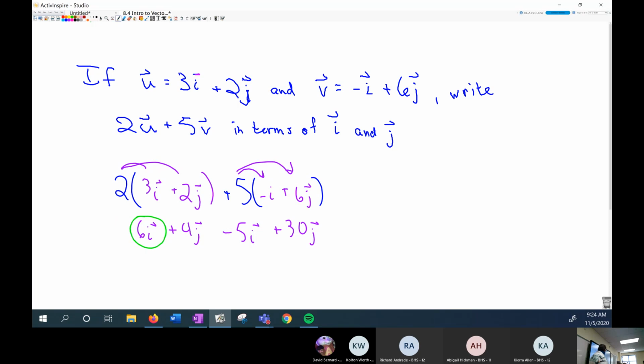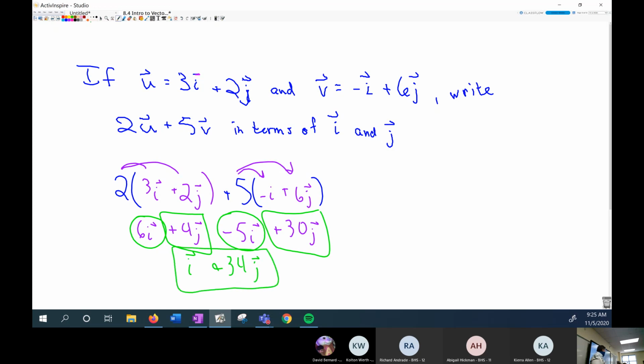Okay, so I combine my like terms, combine my i's. What am I going to get if I take 6i and minus 5i? 1i, or just i. Okay, and then I'm going to take positive 4 and positive 30. I don't have to think about which ones get to go together because they have the same variable. I know they go together. So now that's going to be plus 34j.